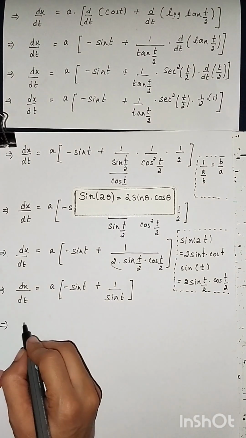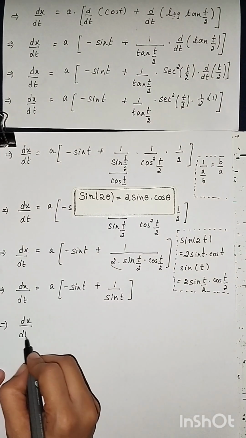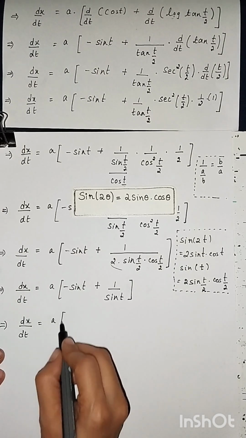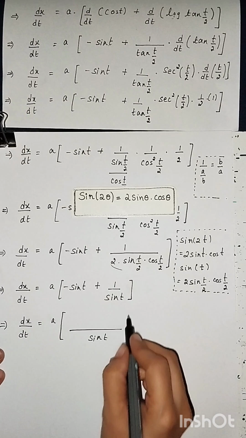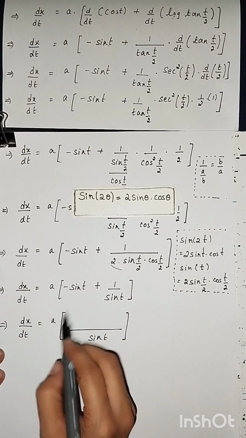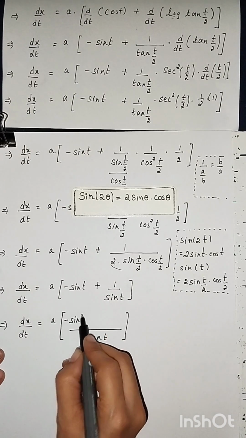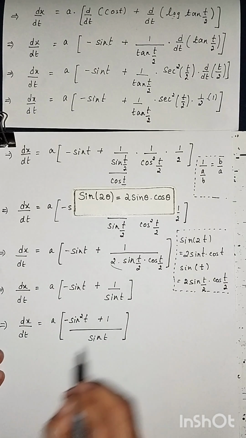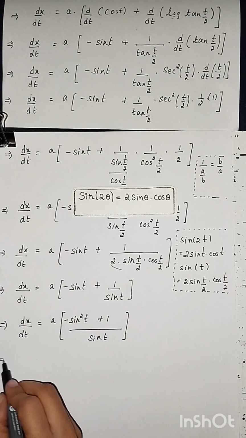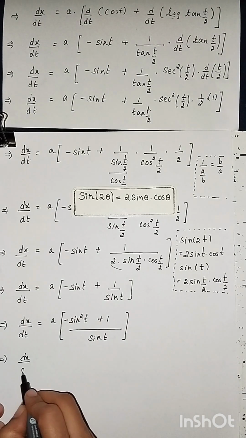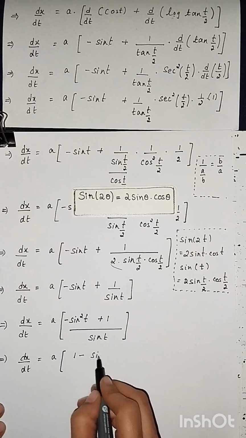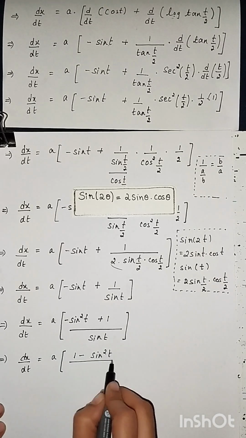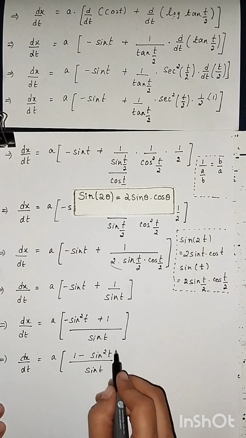Now this implies dx by dt is equal to a into, we'll take LCM, which is sin t. If you take LCM, you will multiply sin square t plus 1. Now we'll just make a few changes here. We'll write 1 minus sin square t divided by sin t.